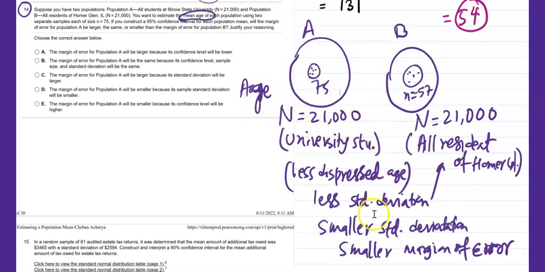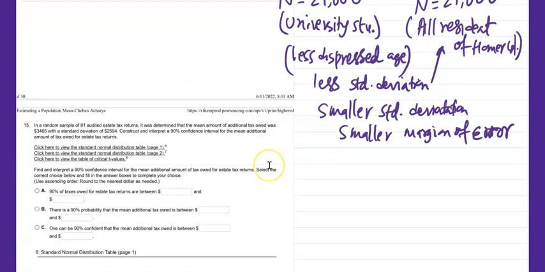That means A has smaller standard deviation compared to B. So the answer is going to be part D. The margin of error of population A is smaller because the standard deviation of population A is smaller. That's the answer.